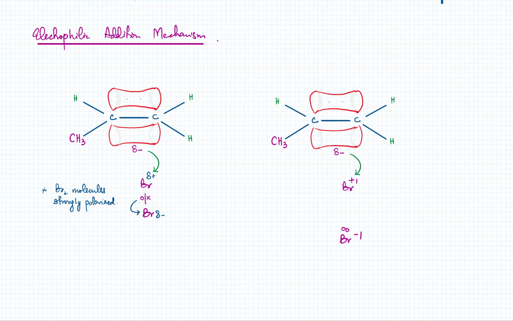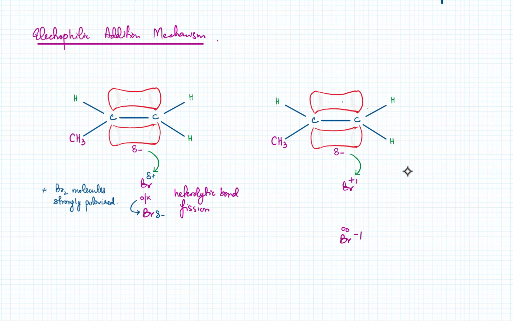So there is heterolytic bond fission happening; the bromine bond breaks unequally. The top positive bromine attracts the electrons in the pi bond and will eventually bond with the carbon atom.